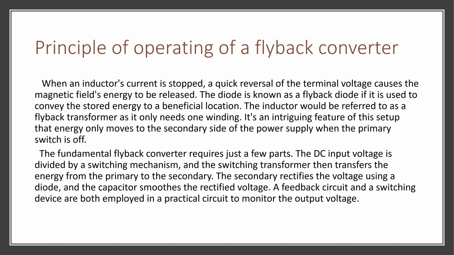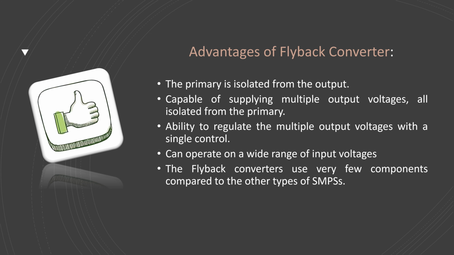The secondary rectifies the voltage using a diode, and the capacitor smooths the rectified voltage. A feedback circuit and a switching device are both employed in a practical circuit to monitor the output voltage.